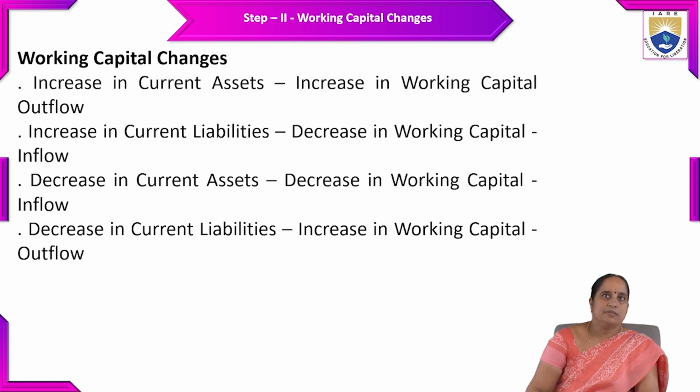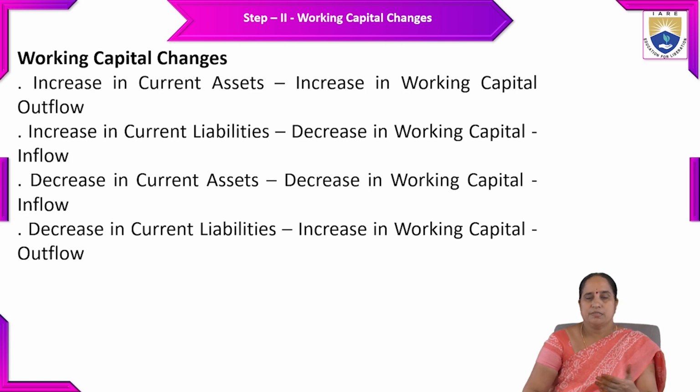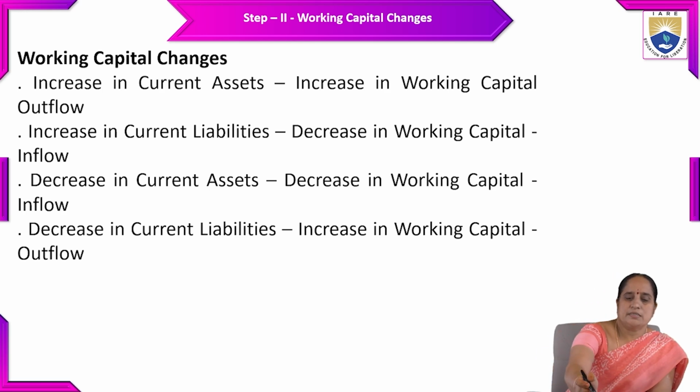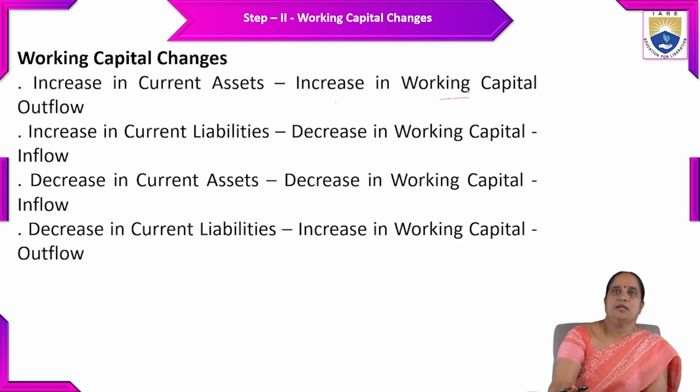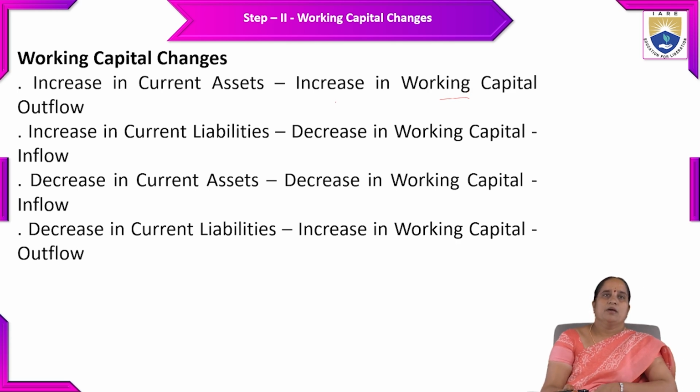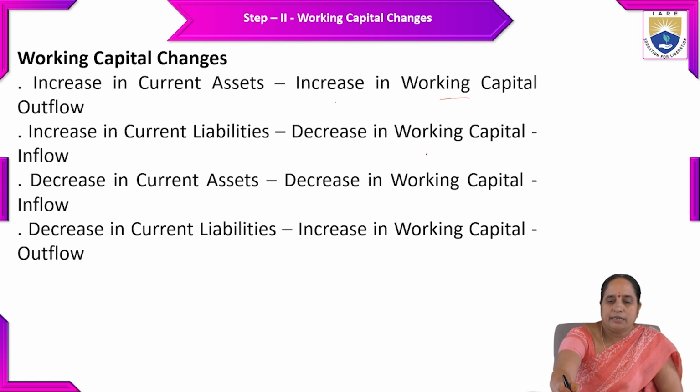Then the second step is working capital changes. By using step 1, we can find out whether there is an increase in current assets or current liabilities. If there is an increase in current assets, it means there is an increase in working capital. If you find an increase in current liabilities, it means a decrease in working capital.